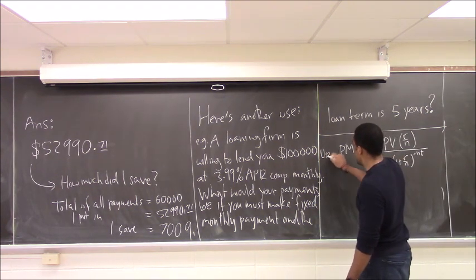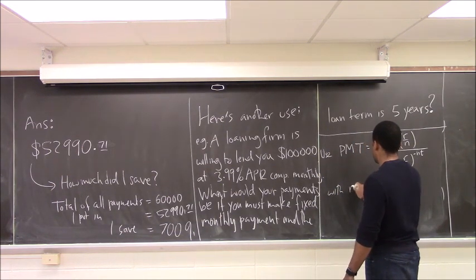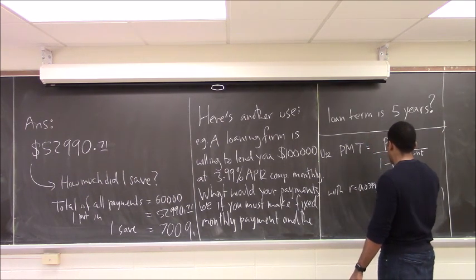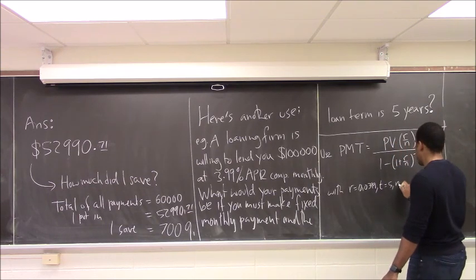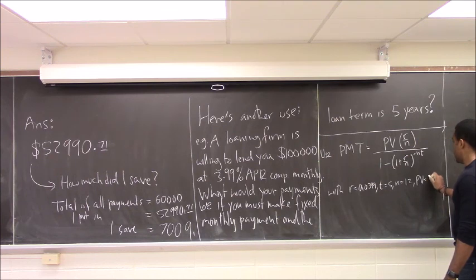So we're going to use this, the amortization formula, with R equals 0.0399, your T equals 5, your N equals 12, and PV is 100,000.